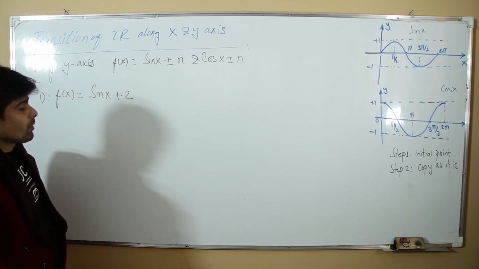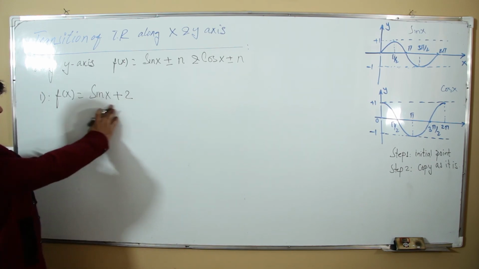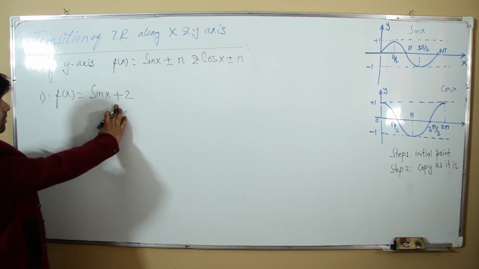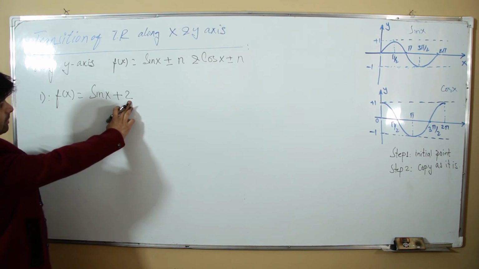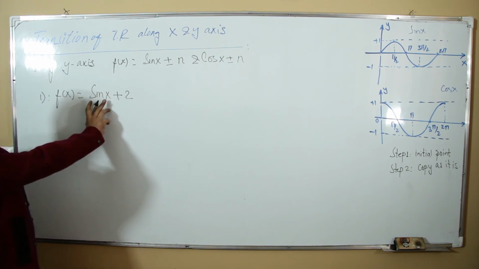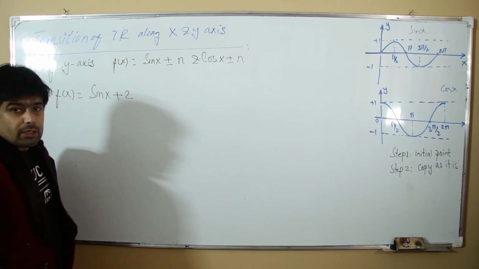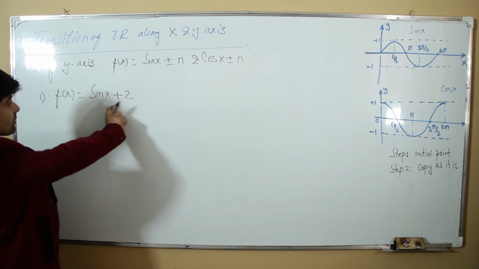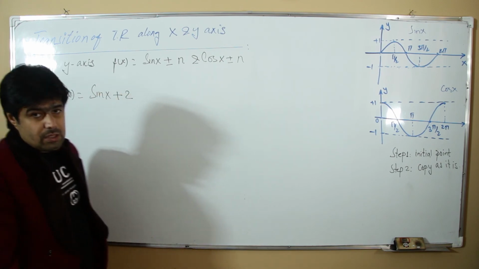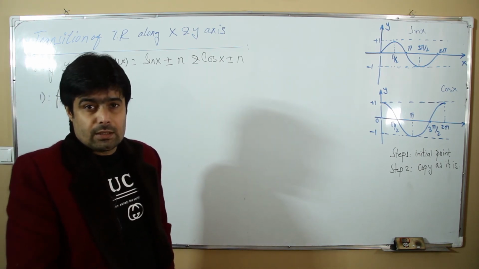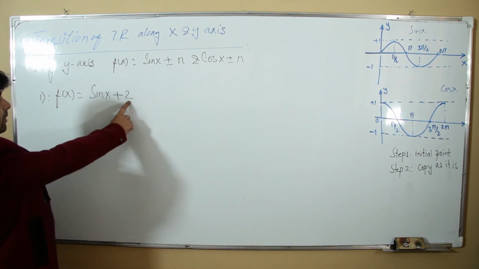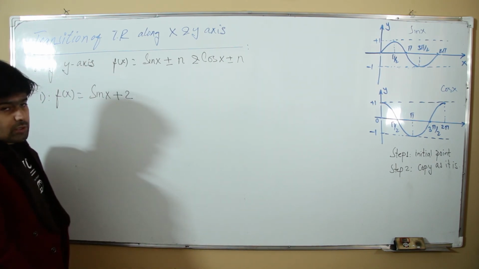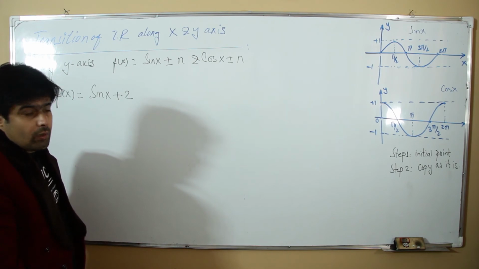Now this is a transition along which axis? Along the y-axis, because we have a number added or subtracted from the trigonometric ratio. If the number is in the bracket, it is a transition along the x-axis. If it is outside the bracket, it is a transition along the y-axis.